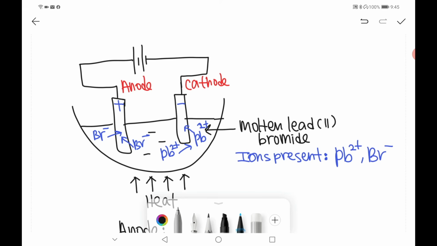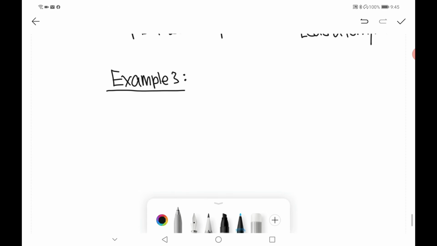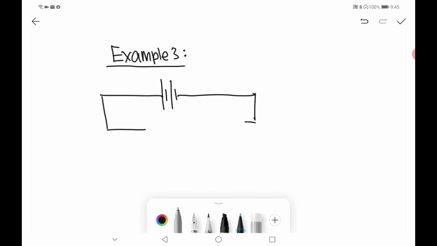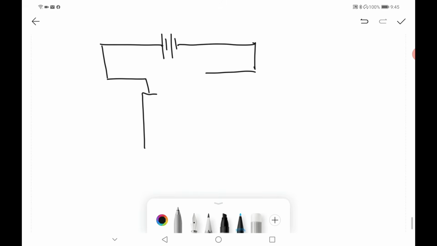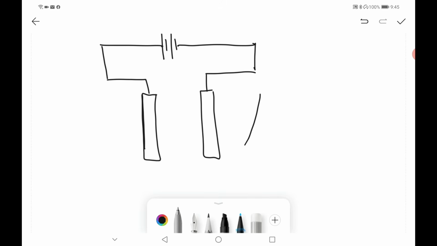So let me draw the diagram. This is a battery, this is the wire, and then we have your electrodes. This is the crucible. You need to use a crucible to heat the substance so it can melt.